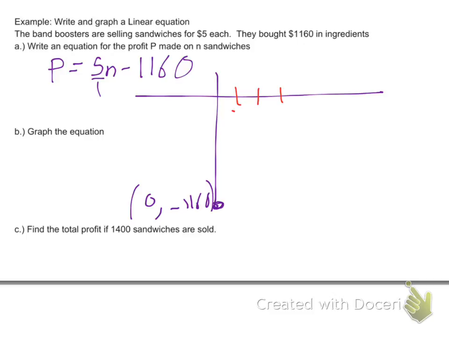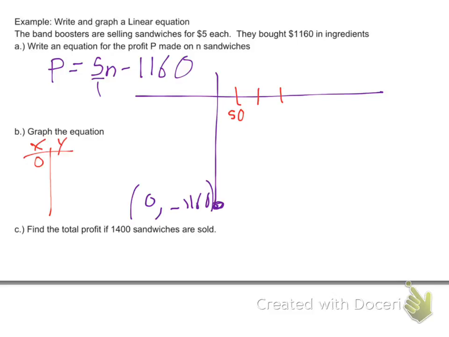So maybe this might help if I go by 50s. In this case, guys, I probably would make a table, because I don't think this would be a very good one to show the rise over run multiple times. I mean, it would work, but you would have to have one impeccable graph to make this thing work beautifully.